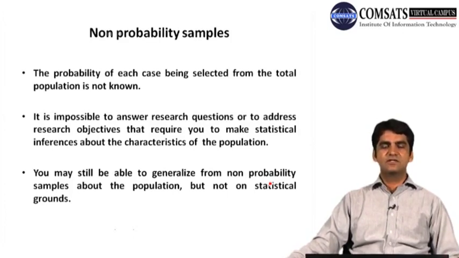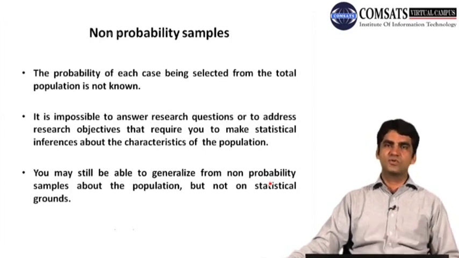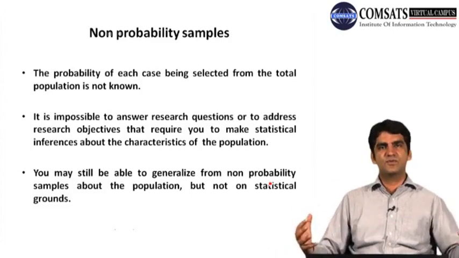In non-probability samples, the probability of each case being selected from the total population is not known, because we are unaware of the total population. It is impossible to answer research questions or address research objectives that require you to make statistical inferences about the characteristics of the population, because you don't know the population.